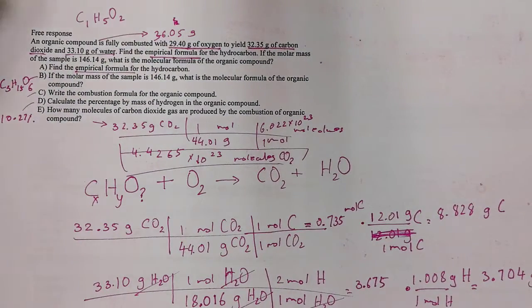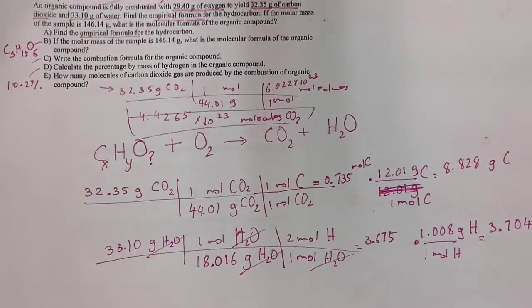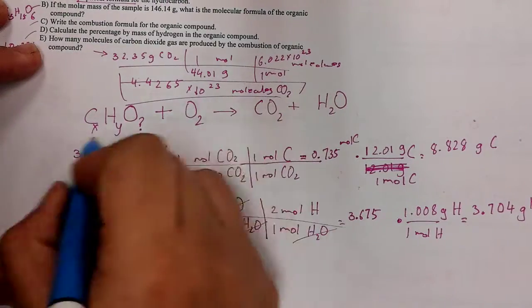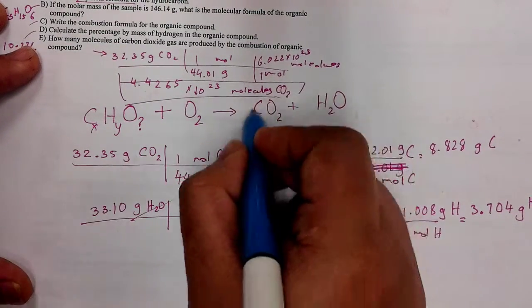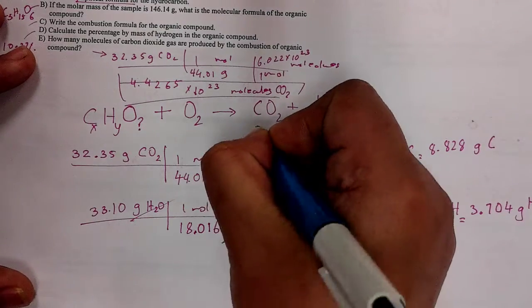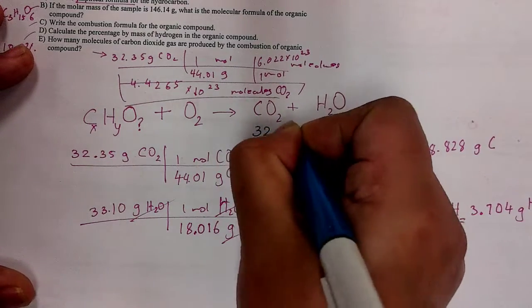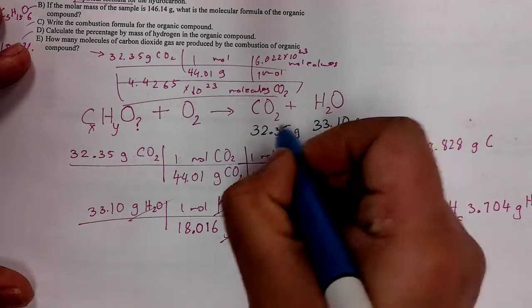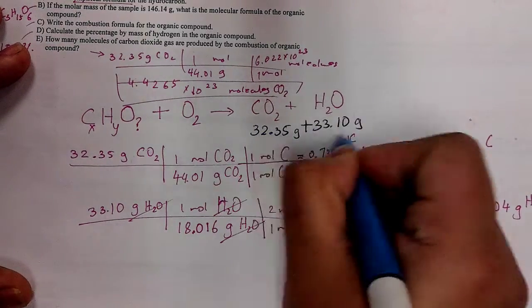How do I find it? Still remember conservation of matter, right? Matter is conserved, so the left side of the reaction equals the right side of the equation. On the right side, we know this is 32.35 grams and this is 33.10 grams. So I'm going to add these two.